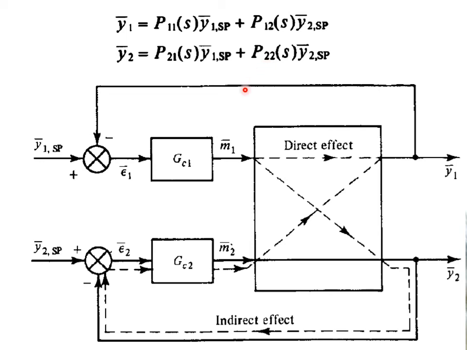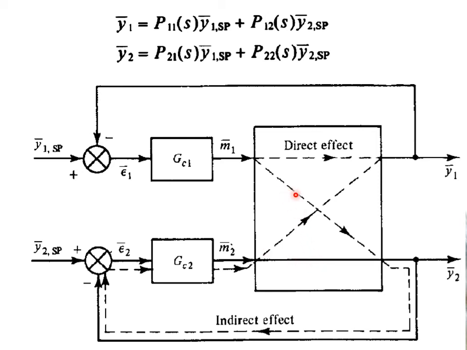But just keep in mind that all these blocks, whether it's P11 or P12, will be playing around six elements. First element is what? GC1, which you can see over here. Second element is what? GC2, which you can see over here. Third element is what? This H11, which you cannot see, but you remember this was H11. Similarly, this is H22.